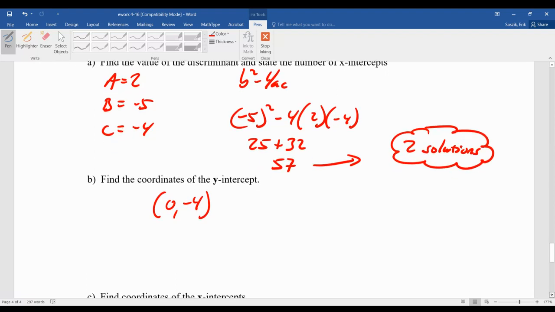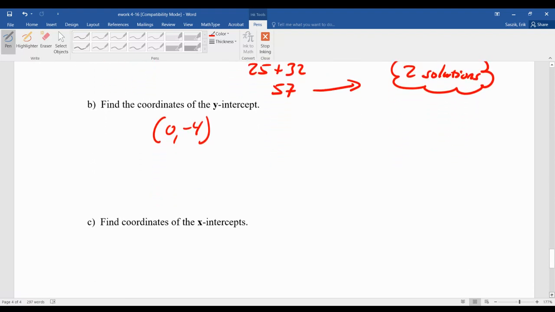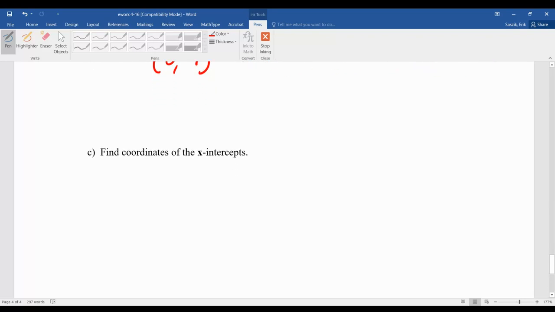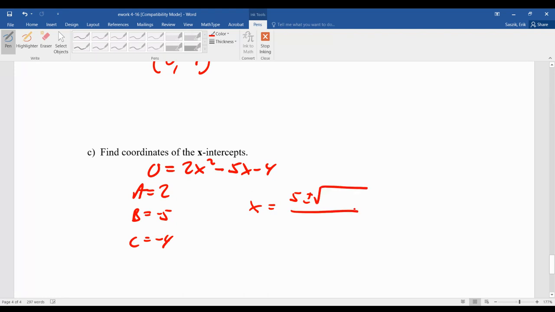we are asked to solve this. It says find the coordinates of the x-intercept. So remember, change out the y with 0. This would be a is 2, b is -5, c is -4. But you know what? I've already started it. See, opposite b is 5, plus or minus, 2 times a, 2 times 2 is 4. But what number goes in here?